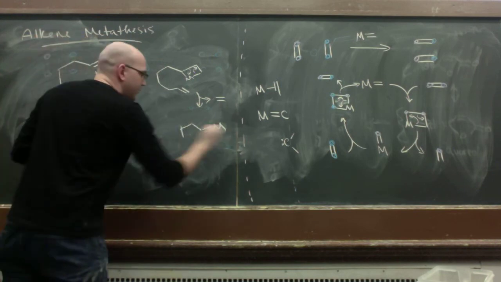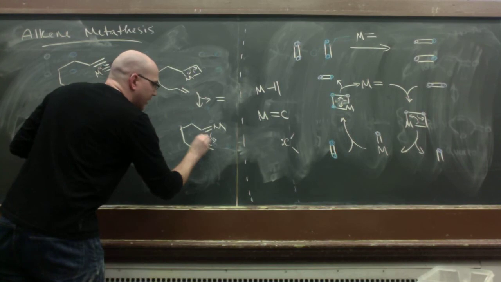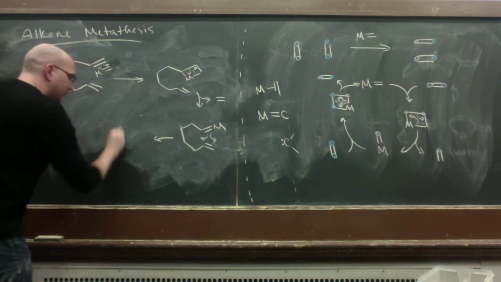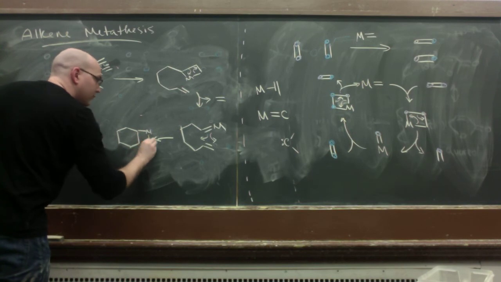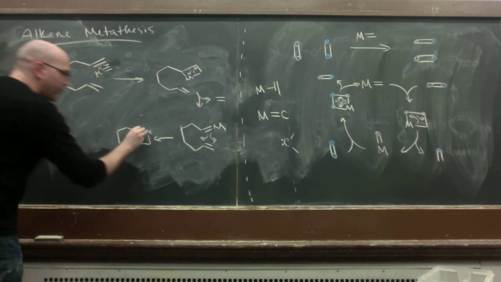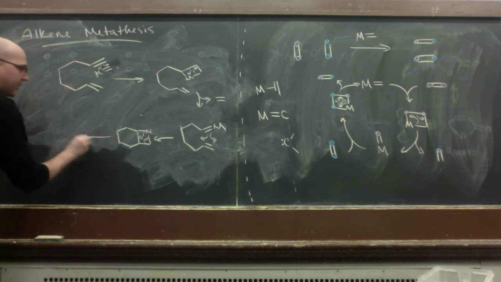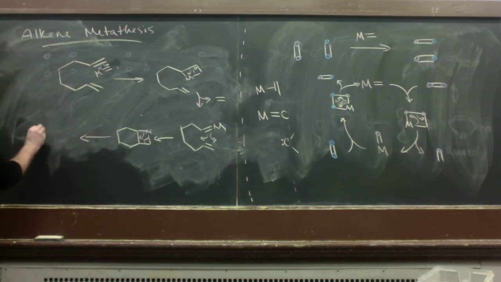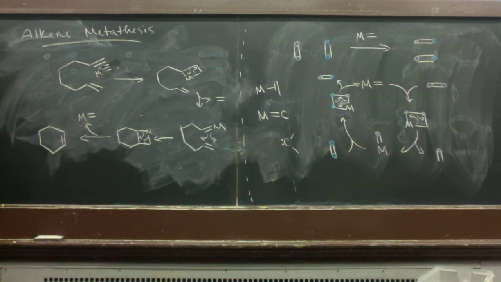This is our metal. Now we can do a 2 plus 2 again, followed by a retro 2 plus 2, generating cyclohexene, and again regenerating that metal carbon double bond.